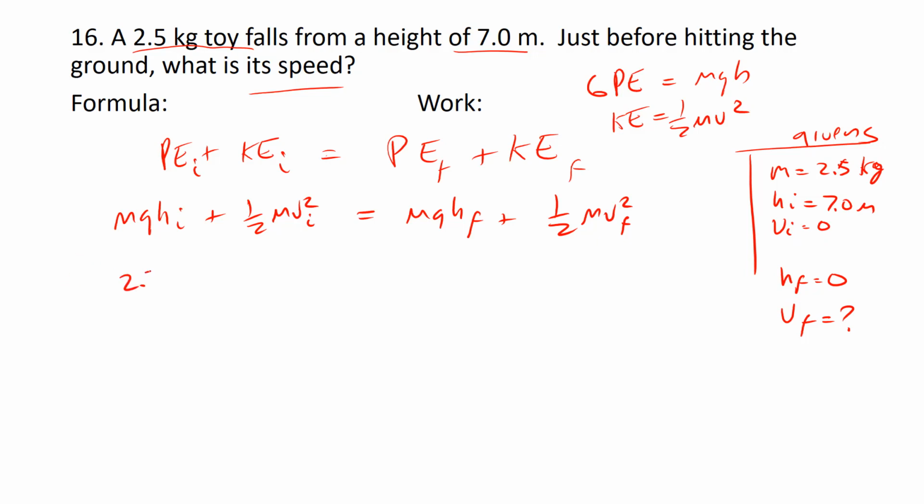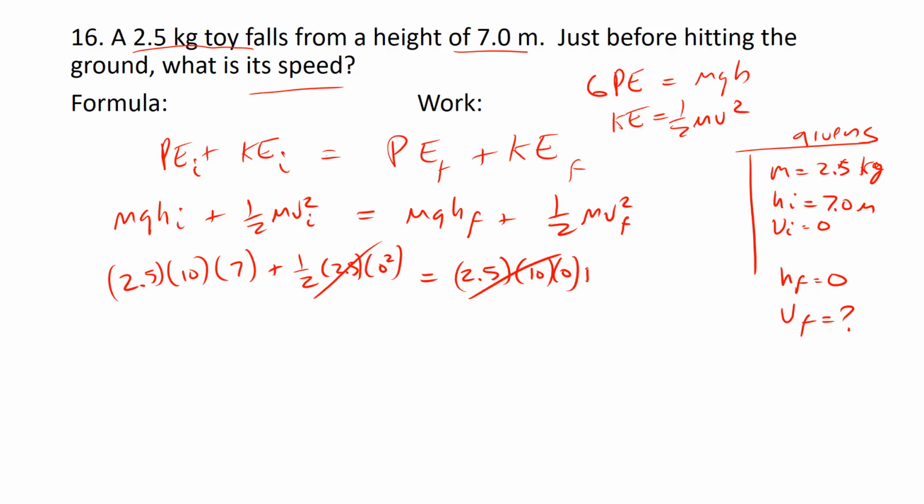So 2.5 kilograms times the 10 gravity times the height, which was 7, plus 1/2 times the mass 2.5 times the 0 squared, so it's going to cancel itself out. Then times the mass, once again 2.5, you got your 10, but you're now on the ground, which is 0, so that cancels out, and you get 1/2 mv squared.